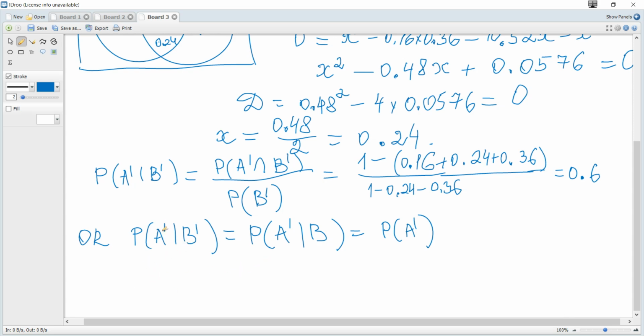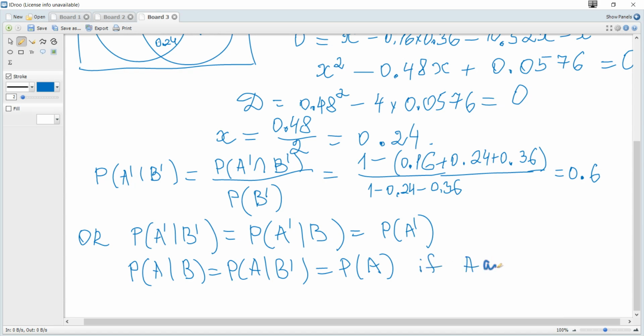It's not only for not A, it's also for A: the probability of A given B is equal to the probability of A given not B, and is equal to just the probability of A if A and B are independent. It's another property, another formula which can be used here.